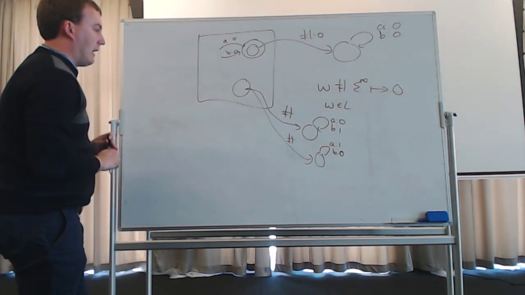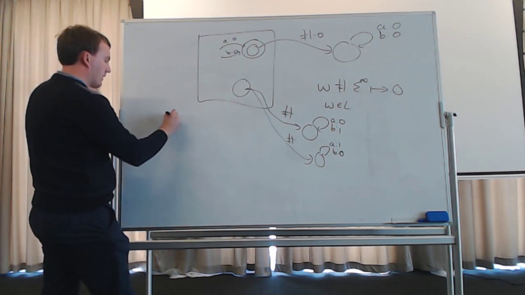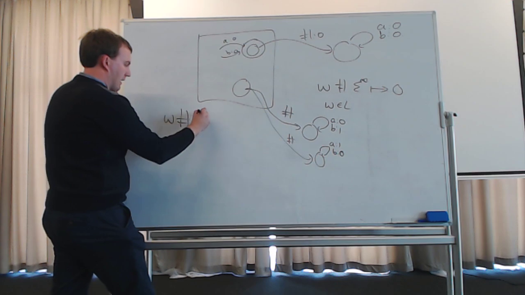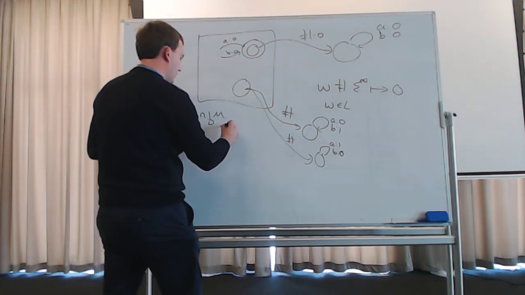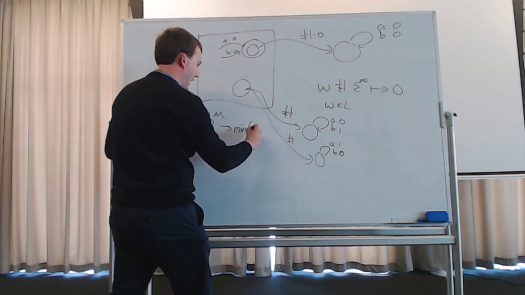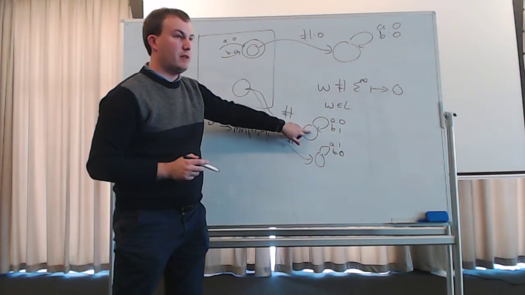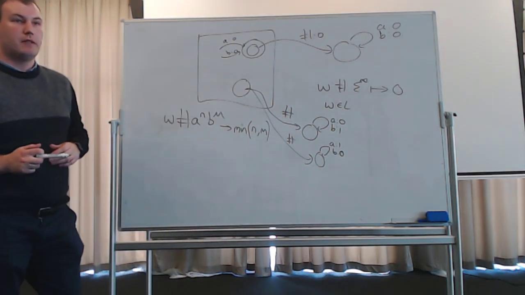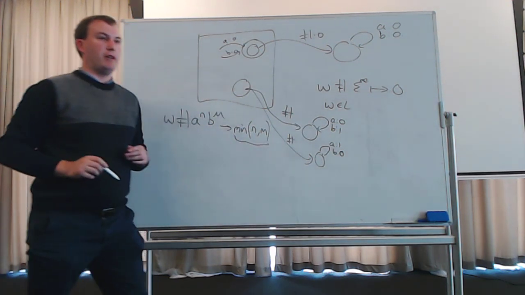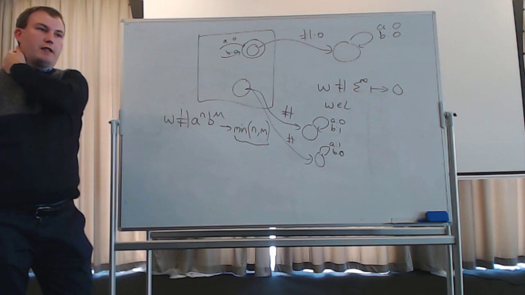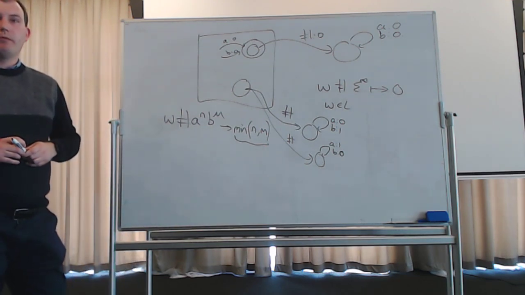So if there's a word that's not in the language, then this word followed by A^n B^m has weight equal to the minimum of n and m. Basically, you cannot do this with unambiguous: you need one run to track the number of A's and one run to track the number of B's, and let the automaton decide which is minimum.